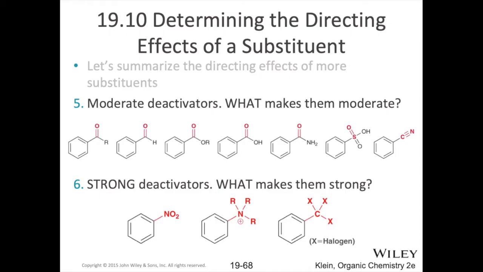Okay, so if you have a strong activating group, not only is it going to be ortho-para-directing, but it'll also have a high yield. It might be a reaction with a very fast rate, and therefore might be hard to control polysubstitution. Those are things to keep in mind.